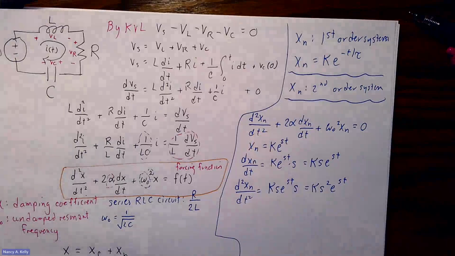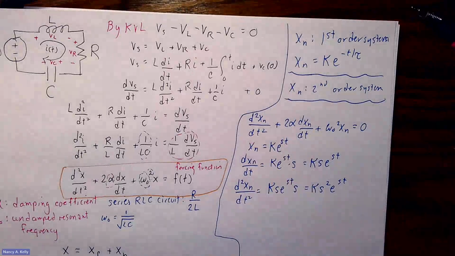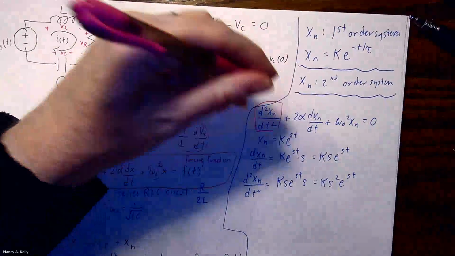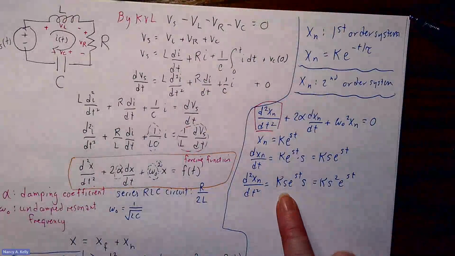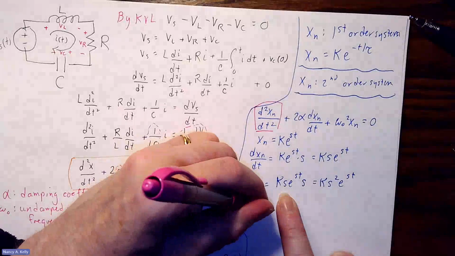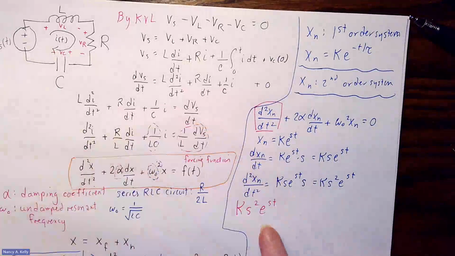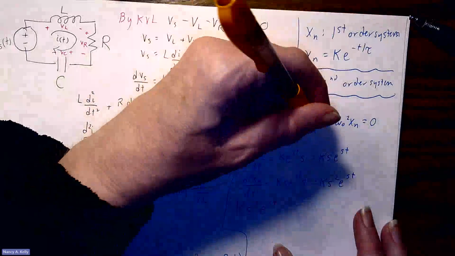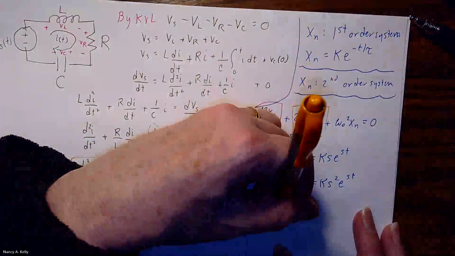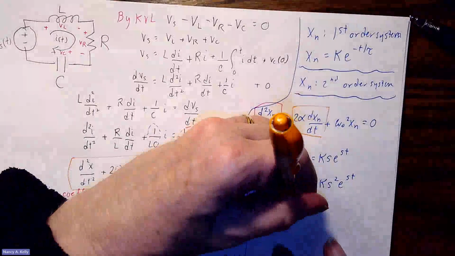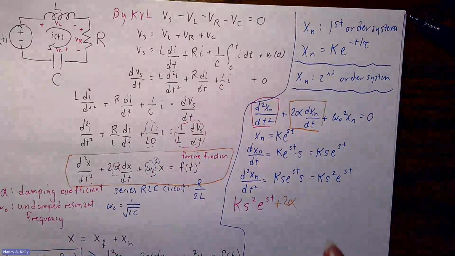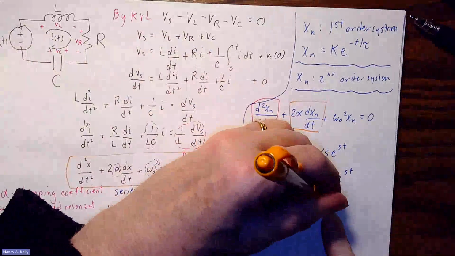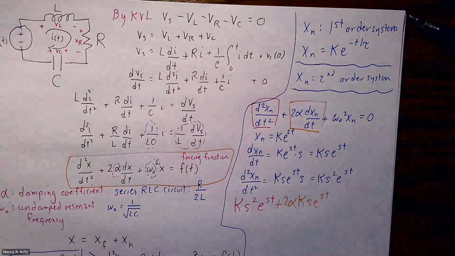So let's do it, okay? The first term, this one here, we're going to put in k s squared e to the st. That's the first term, okay? The next term, this one here, that's going to be 2 times alpha times the first derivative, k s e to the st. Okay?